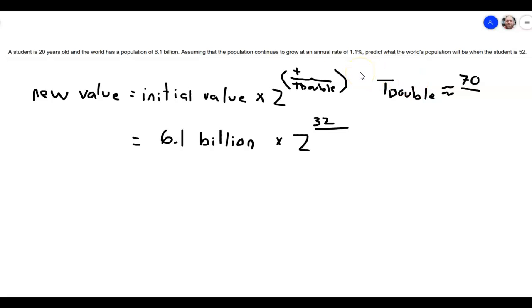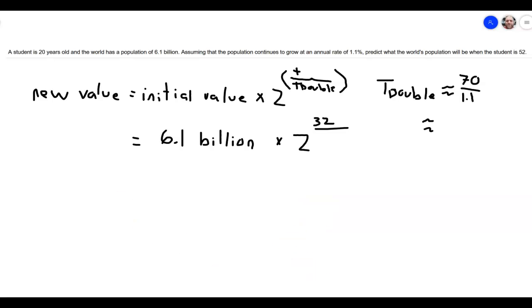A lot of times with these formulas we first convert to a decimal by moving the decimal place 2 to the left, but here we're going to keep it in percentage form. So it's going to be 1.1, and t double equals 70 divided by 1.1.